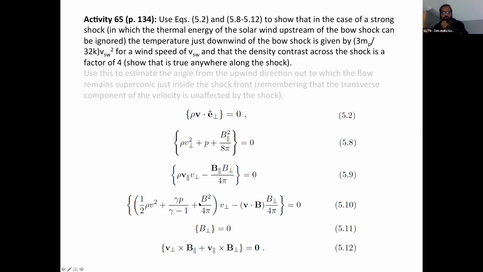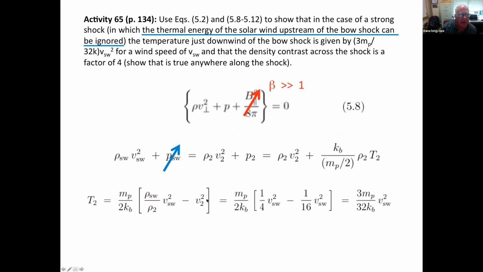You have to be a little careful with using the last equation because you have this extra factor of v multiplying all of this. So really using this 5.10 is more than you need. You just use this and you have only the bulk kinetic energy, or sorry, the ram pressure and the gas pressure.